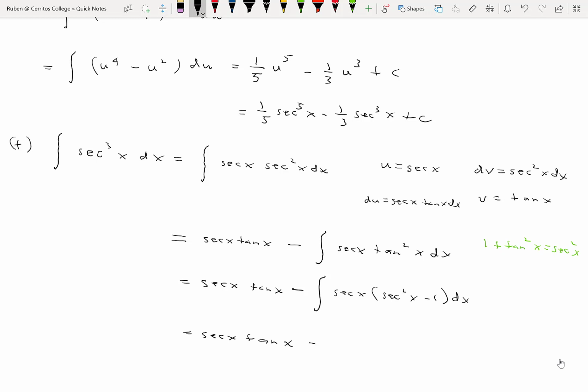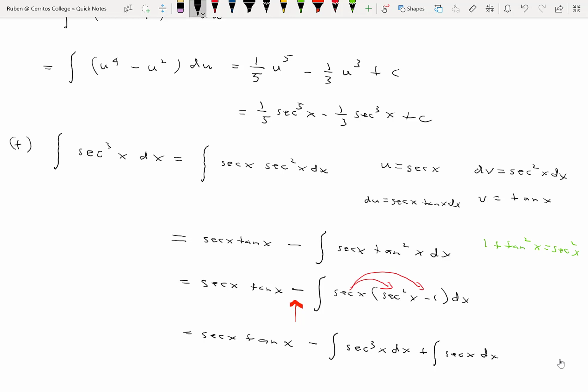So secant x tangent x minus the integral of secant cubed x dx, which I get by distributing, plus the integral of secant x dx. Now, when I distribute, keep in mind that I also have this minus to keep an eye on. That's why the signs are the way they are.